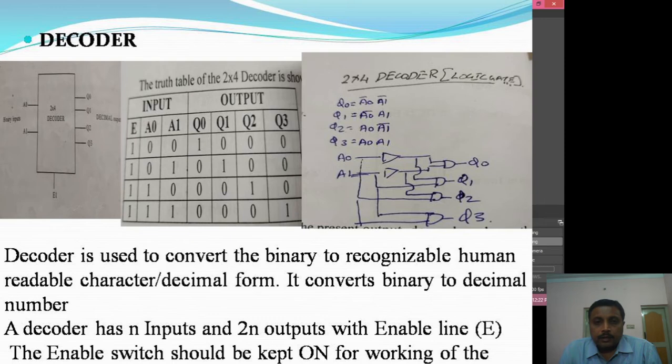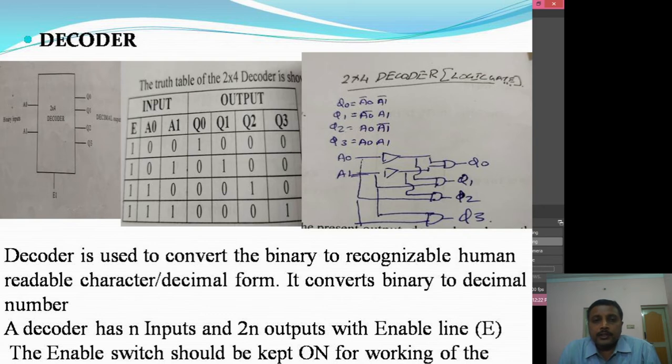Since A0 is 0, the input to the first AND gate would be a 1. A1 is again 0, so the input to the first AND gate again would be the complement of 0, which is 1. So we have 1 and 1 coming into Q0, as a result of which Q0 is going to become 1. 1 into 1 is equal to 1.